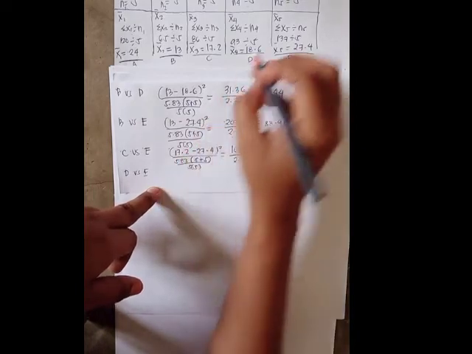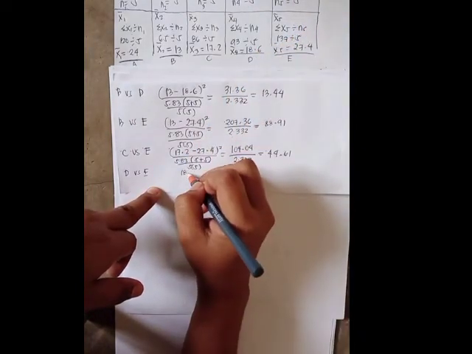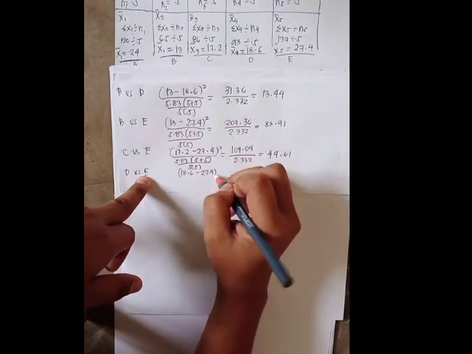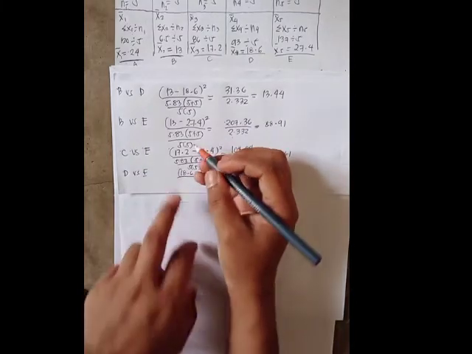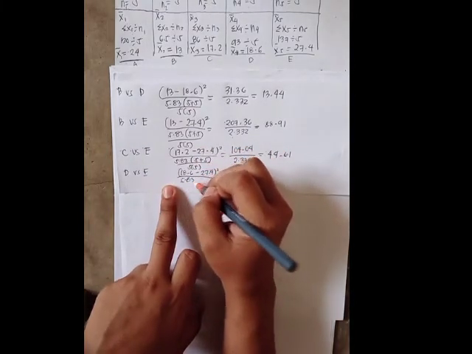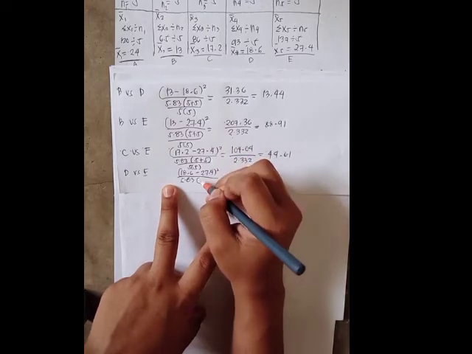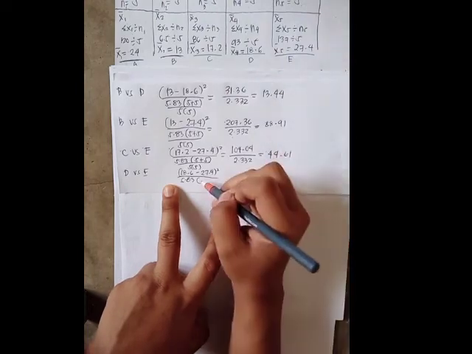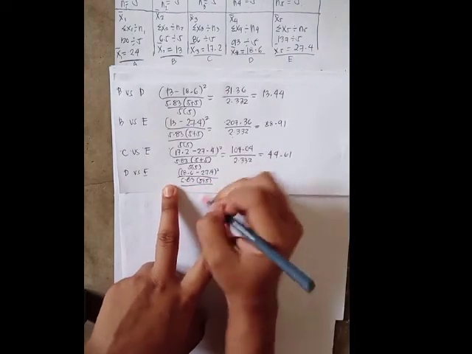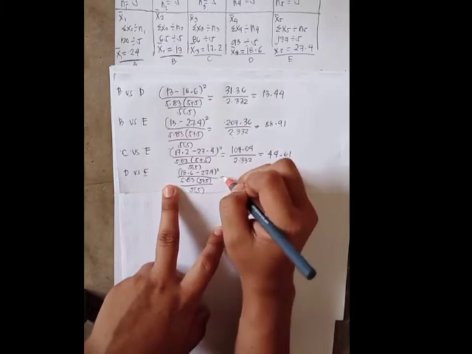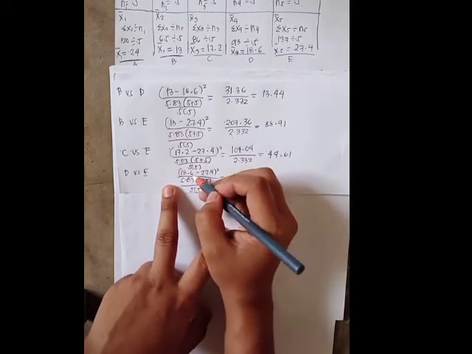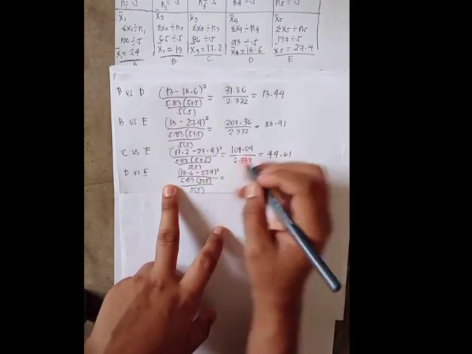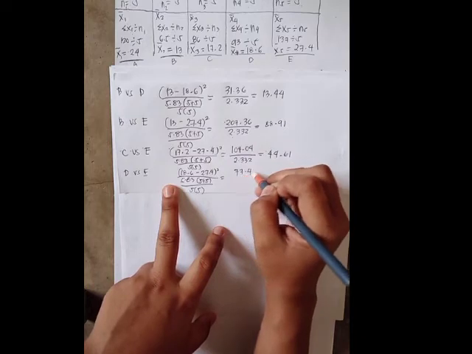Lastly is the D versus E. What is our DX? 18.6. What is EX? This is 27.4. Squared it, divided with our SW squared, which is 5.83. Multiplied with our DN and EN, which is 5 plus 5. And divided by our NN, which is 5 times 5. So 18.6 minus 27.4 squared will be equal to 77.44.